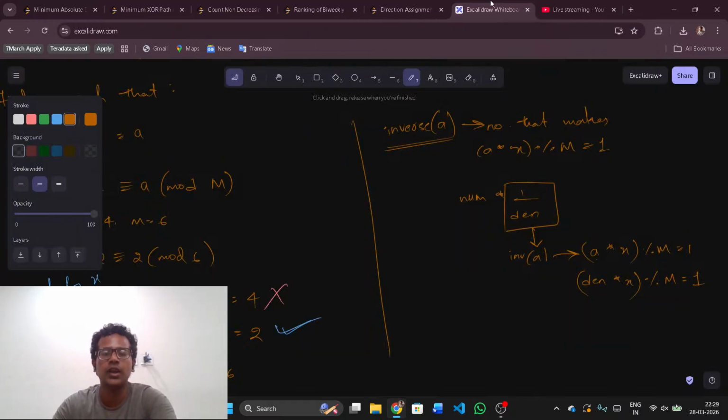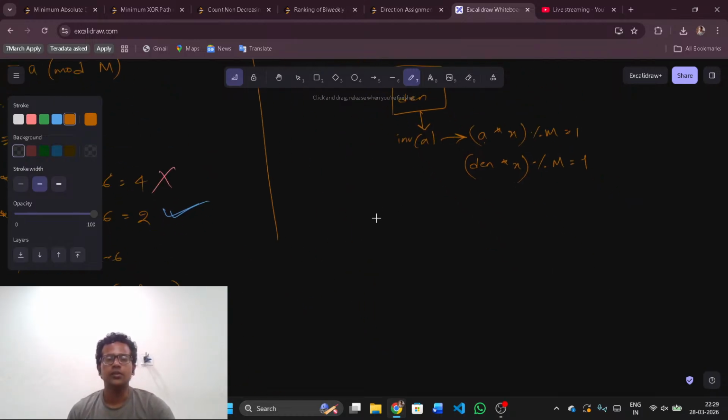Now I'll tell you how we can get the inverse of any element. I have 10^9 + 7 as mod, and let's take a is equal to 2. What is the inverse of 2?